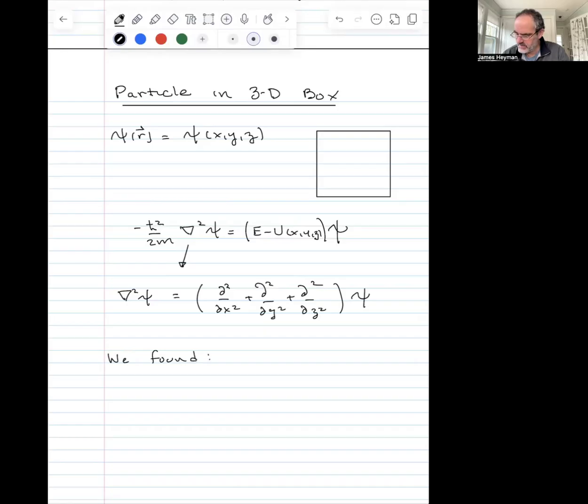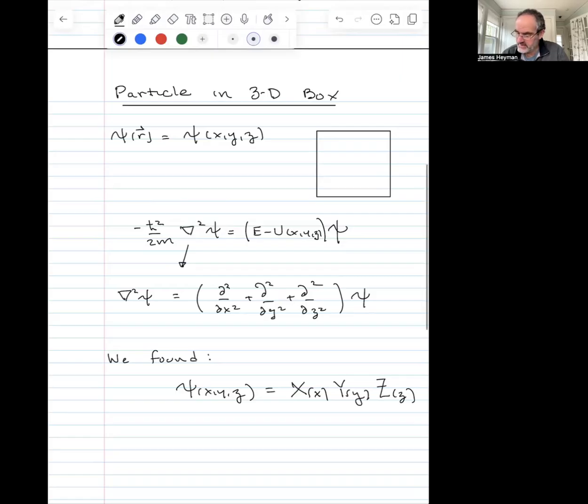For this problem, we found that the wave functions that solve this problem are in separable form. The energy states are in separable form. That means that they can be written as a product of one function that depends only on x, one function that depends only on y, and a third function that depends only on z. Okay?